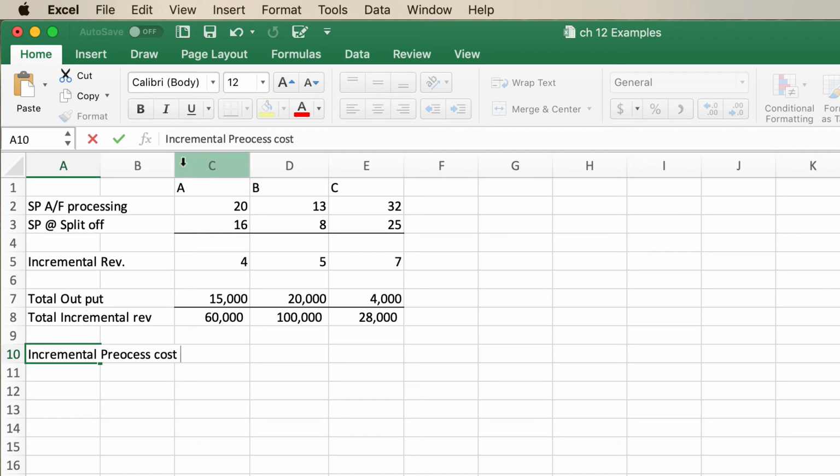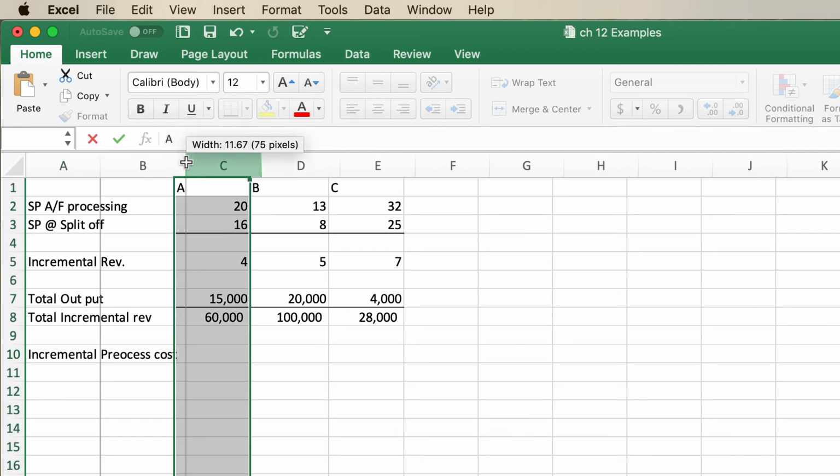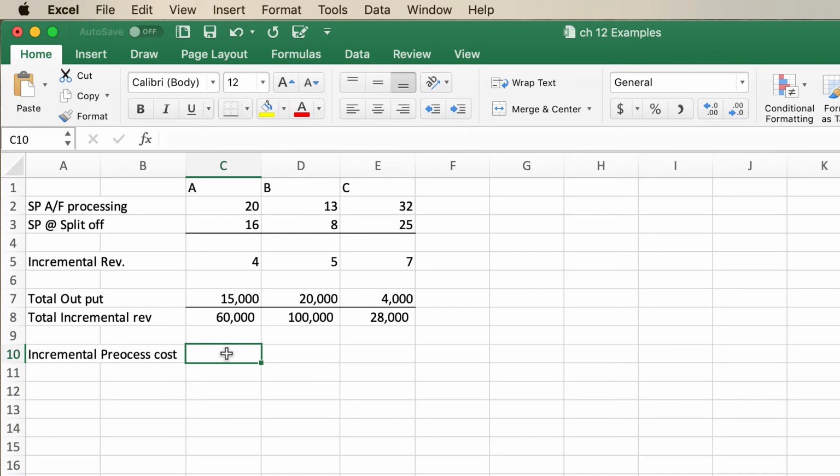We know what that is because the book tells us: the additional processing costs and unit selling price after further processing are given below. That's the second box, where we see that for product A it's 63,000, for product B it's 80,000, and for product C it's 36,000.